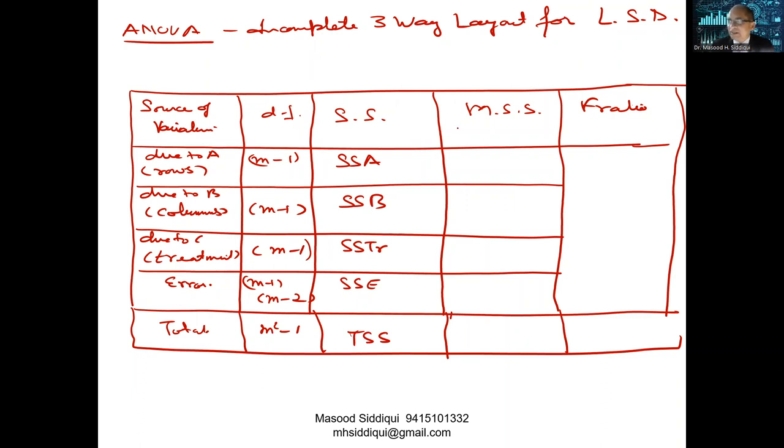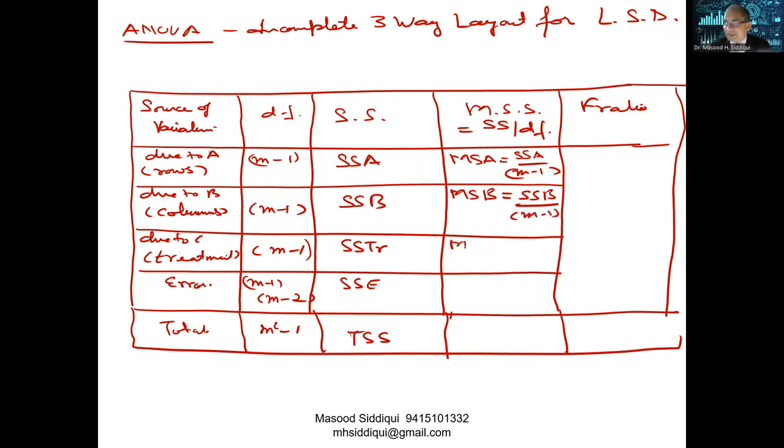The mean sum of squares is always the sum of squares divided by the corresponding degrees of freedom. So this is MSA, that is SSA divided by m minus 1. The next one is MSB, that is SSB divided by m minus 1.